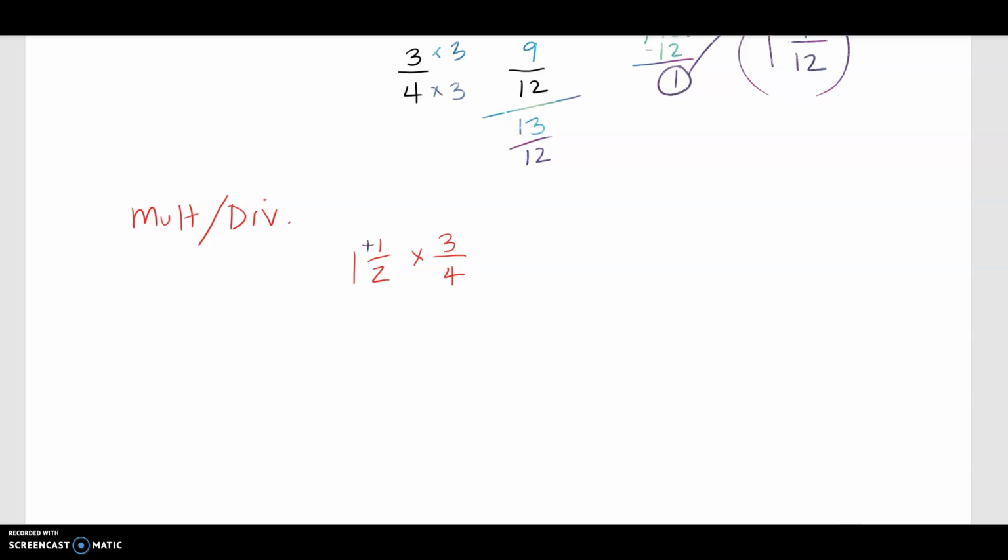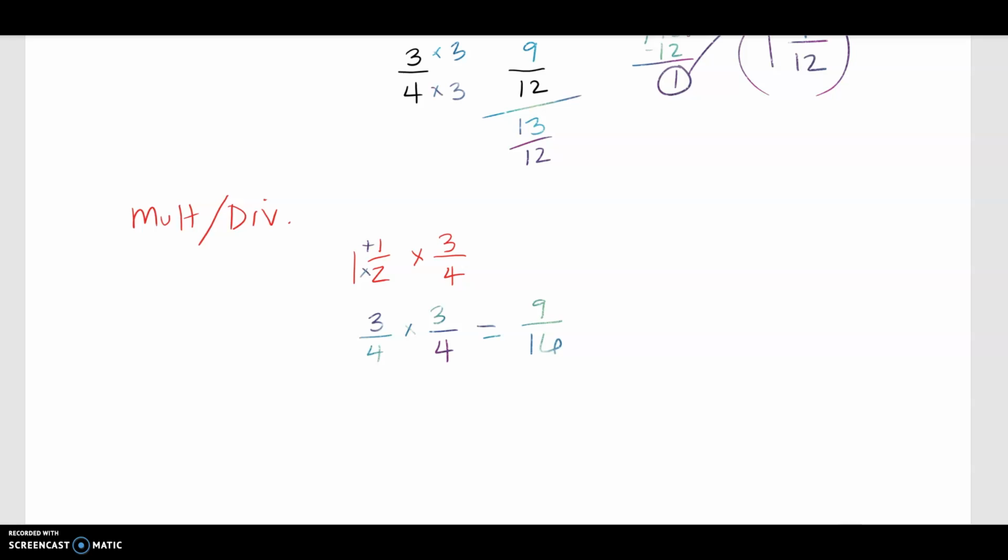So we're going to use Texas. 2 times 1 is 2, plus 1 is 3. So 3/2 times 3/4. When you're multiplying, you multiply straight across. So 3 times 3 is 9. 2 times 4 is 8. Then if you can simplify, you would simplify, okay?